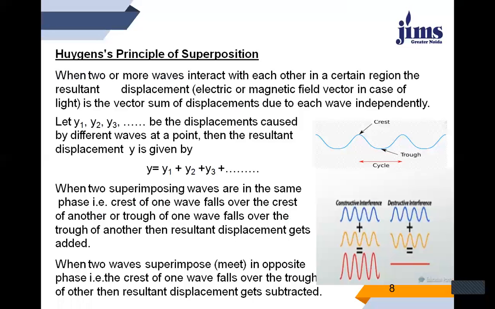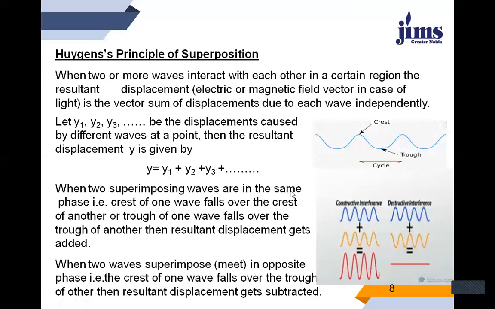So when two superimposing waves are in the same phase, that is, the crest of one wave falls over the crest of another, or the trough of one wave falls over the trough of another, then the resultant displacement gets added.